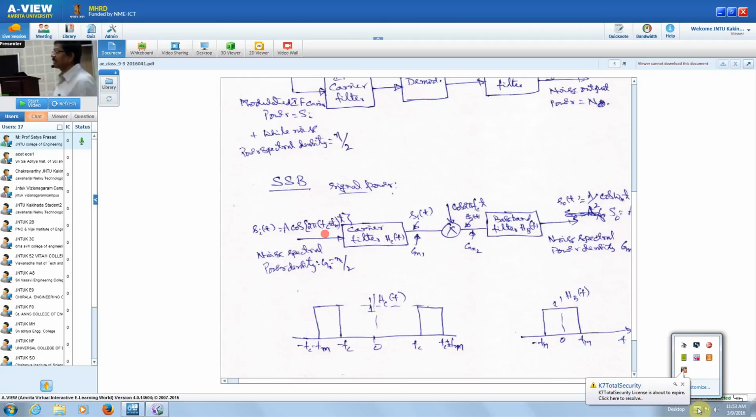That's why I put this FC signal, the upper sideband, and the same noise power, GN, is eta by 2.